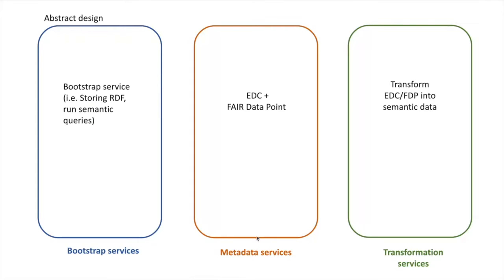We have a metadata or data service layer, where you have access to metadata publishing software like a FAIR Data Point. And if you use the Mogenous instance, you also get an EDC system, which gives you the ability to populate or capture data for your registry.